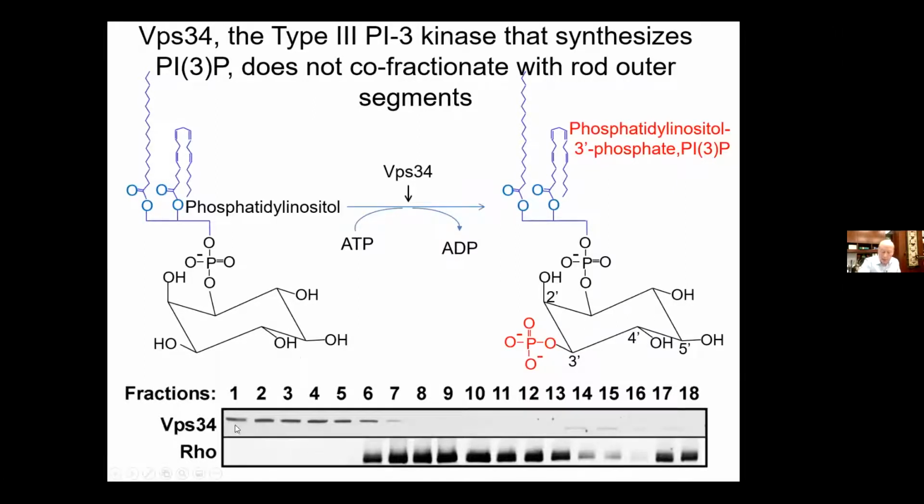If you see here the Western blot showing different fractions from a density gradient in a rod outer segment prep, you can see that there's very little overlap between the fractions containing rhodopsin and the fractions containing VPS34. VPS34 is a soluble protein, even though it's a lipid kinase, and it is largely found in the soluble phase when we break open the cells and isolate the rod outer segments.